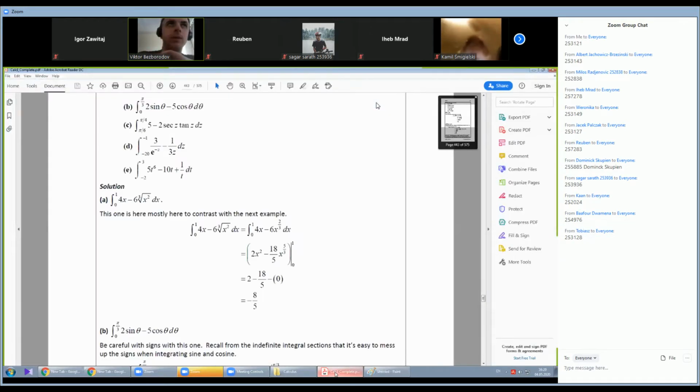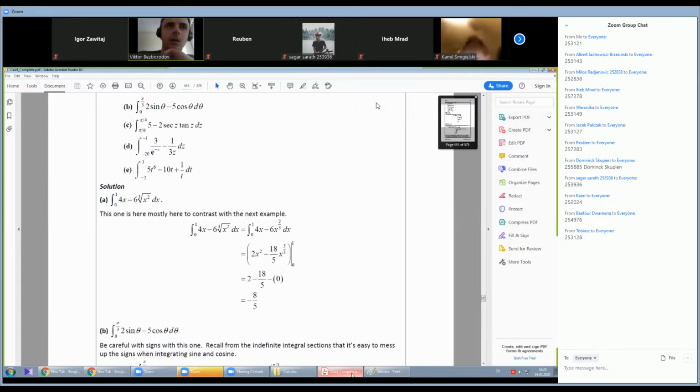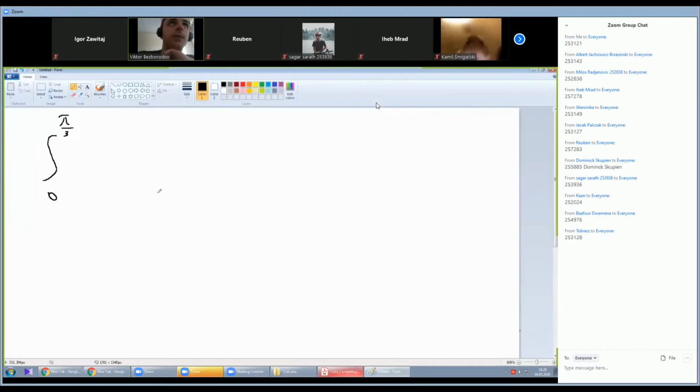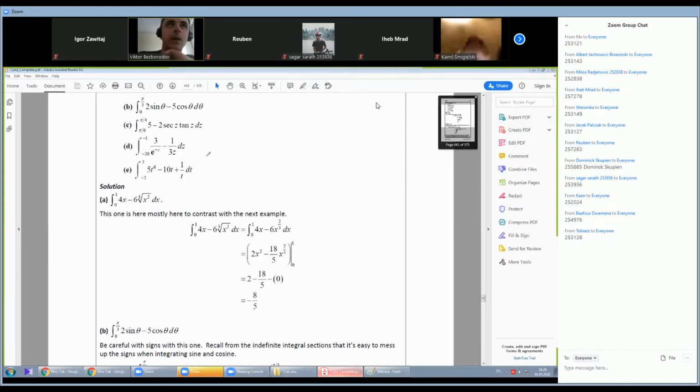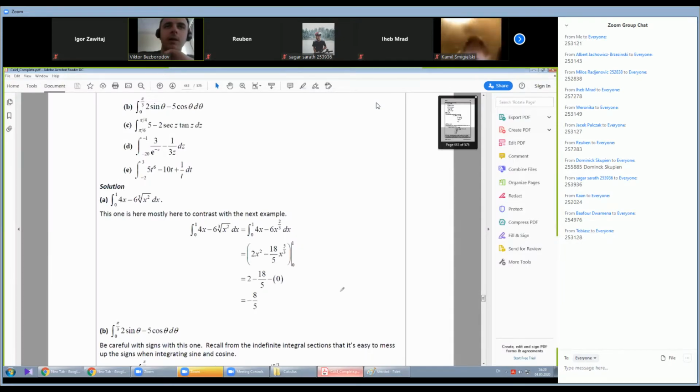So what was the integral? We have the integral from 0 to pi over 3 of 2 sine theta minus 5 cosine theta d theta.